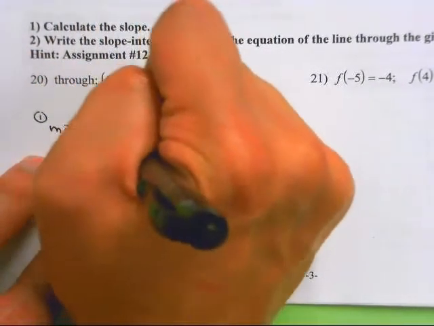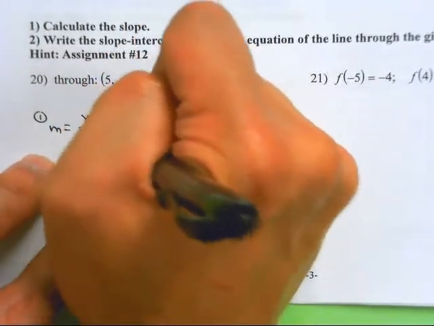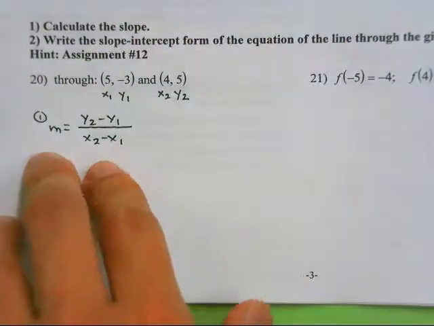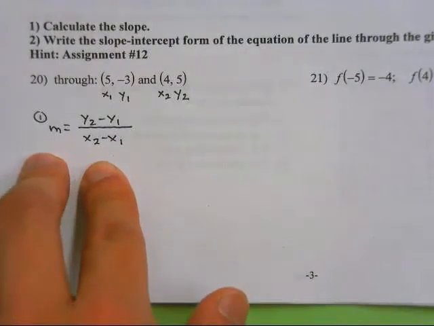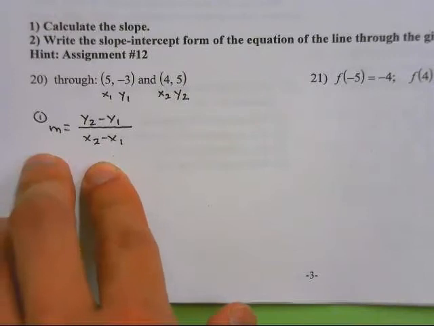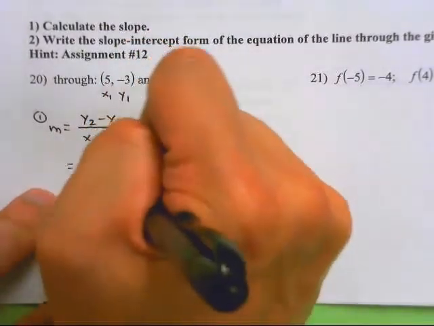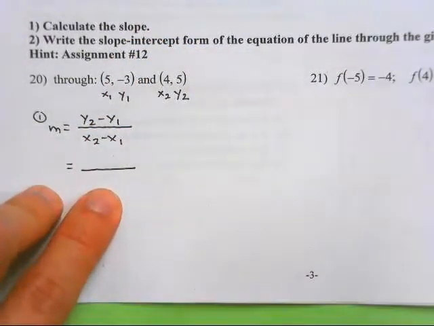M is equal to y2 minus y1 over x2 minus x1. The mistake I saw last test was that some of you flipped it around. Some of you put the x2 minus x1 on the top, and I just couldn't give you any credit. So please be careful with the order of that. Once you have the correct order, you tell me what to write. Ready, go.